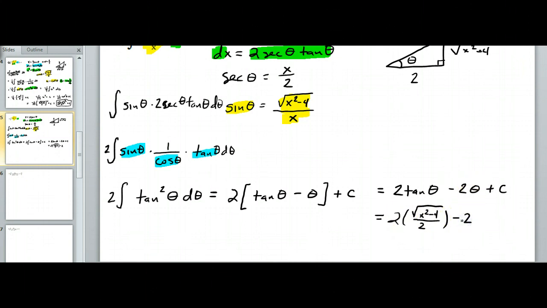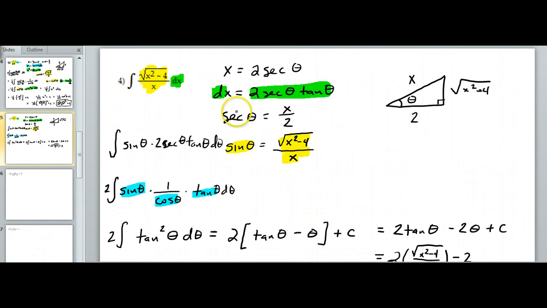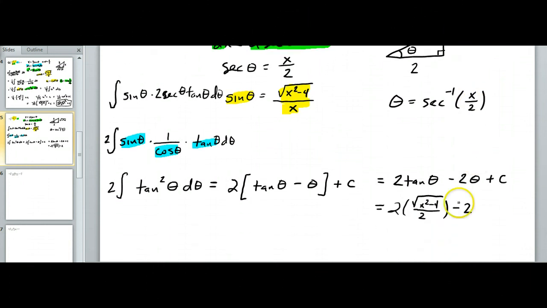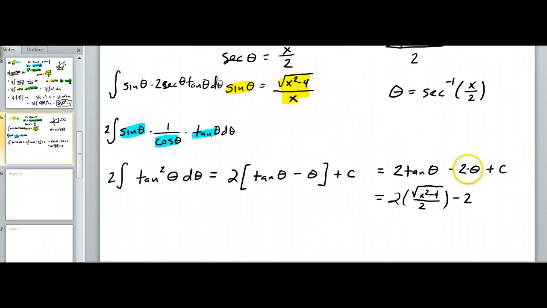Well, what is theta? The secant of theta is x over 2, so theta is equal to the arc secant of x over 2. So 2 times the arc secant of x over 2 plus c.